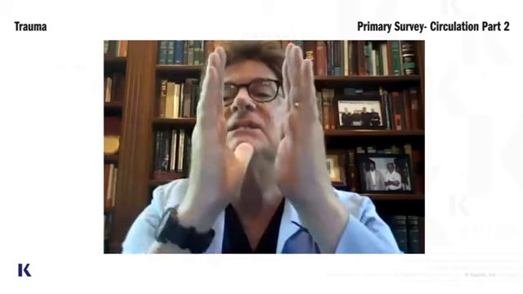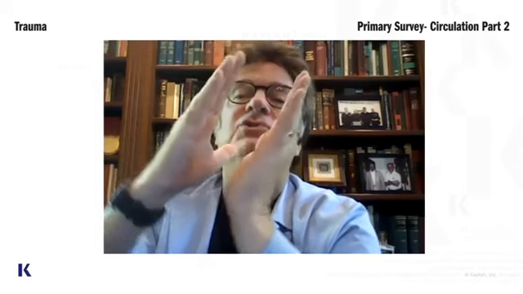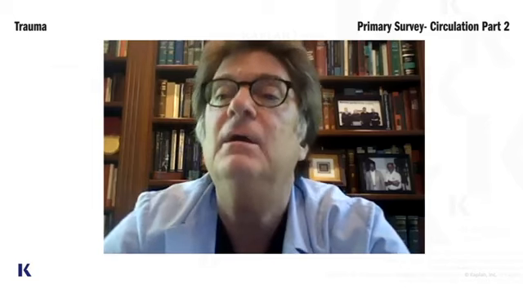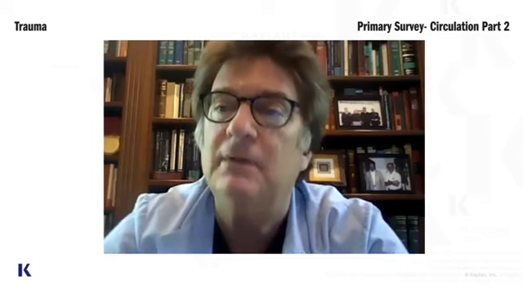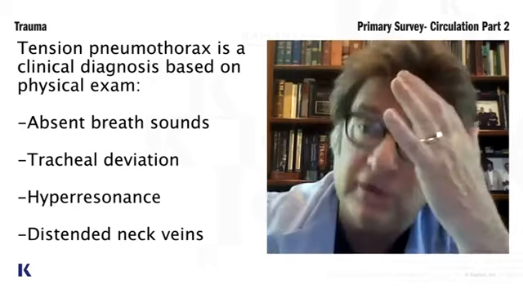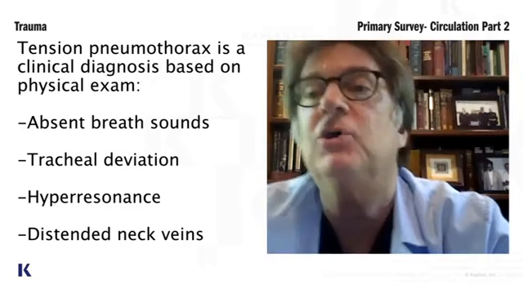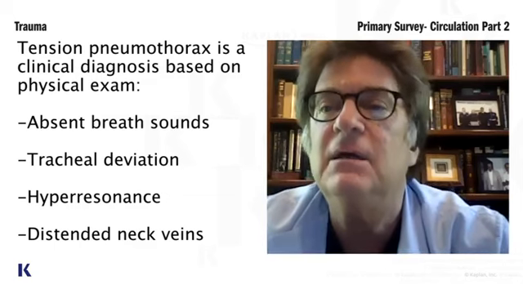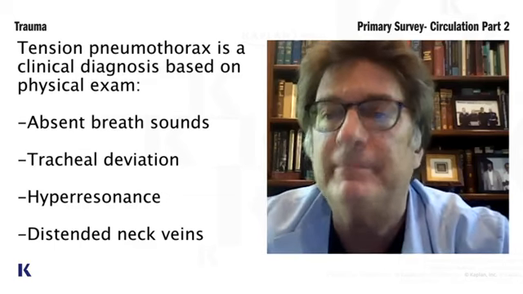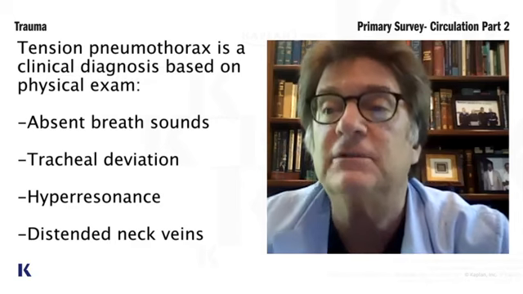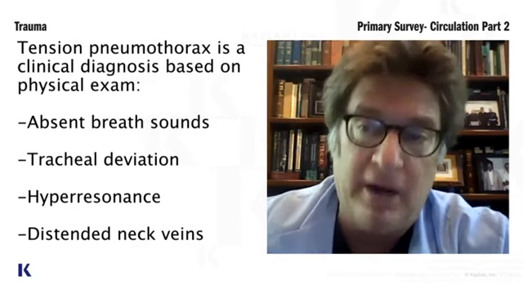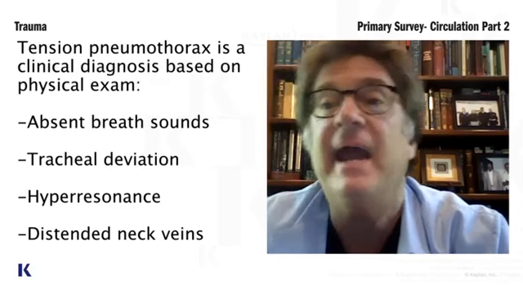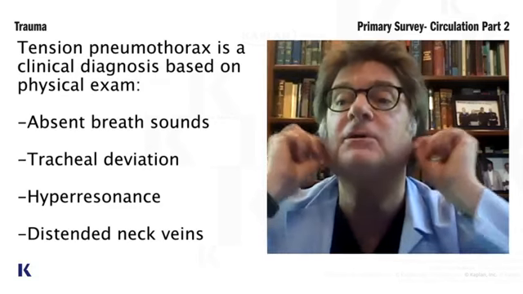The mediastinum shifts away from the collapsed lung. And is that a good thing or a bad thing? It's a bad thing, because when the mediastinum shifts, it kinks the major blood vessels, and that causes the blood pressure to go down. You get tachycardia, and your neck veins are up to your ears.